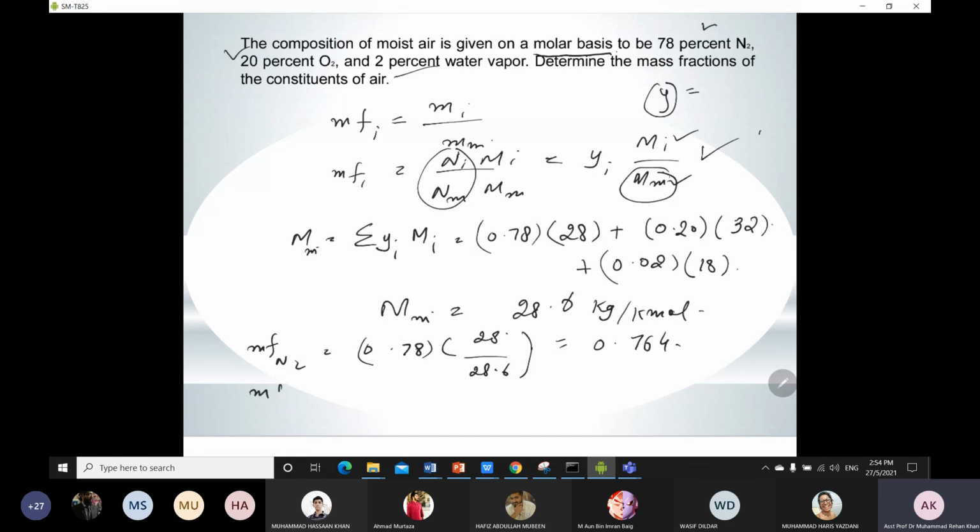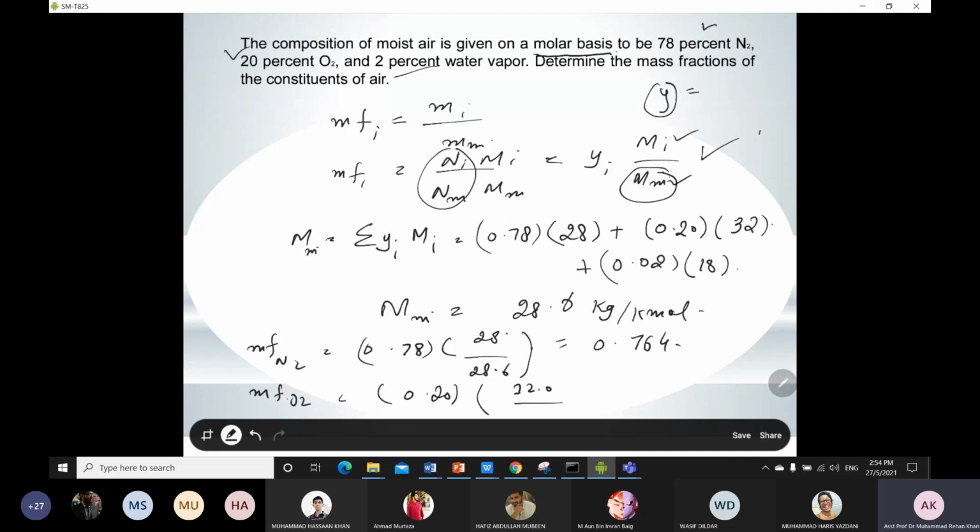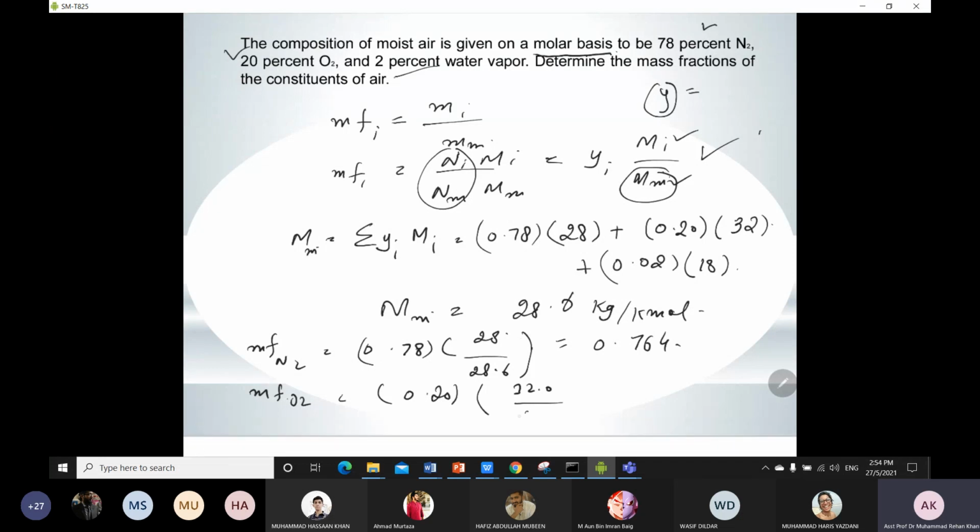With the similar procedure for the second gas, which is O2: 0.20 mole fraction, 32.0 molar mass of O2, and the molar mass of the mixture is 28.6. If we solve it, it will be equal to 0.224.